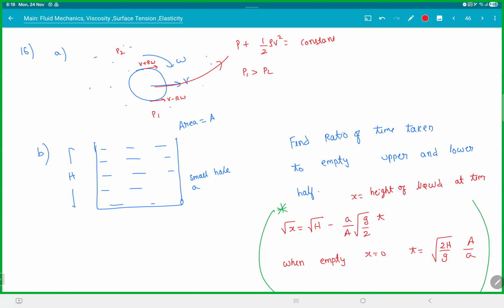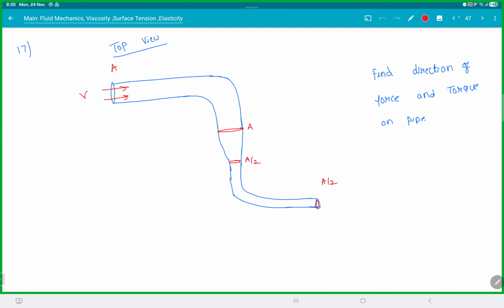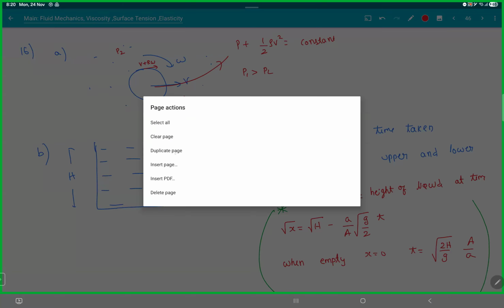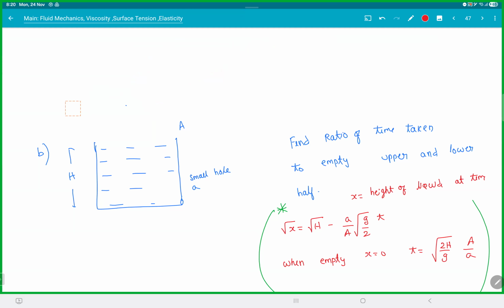Second one, I think Aditya got the answer. Find the ratio of time taken for the upper half and the second half to get empty. So let's find the total time to empty. Total time t will be root 2h by g, times A by a.